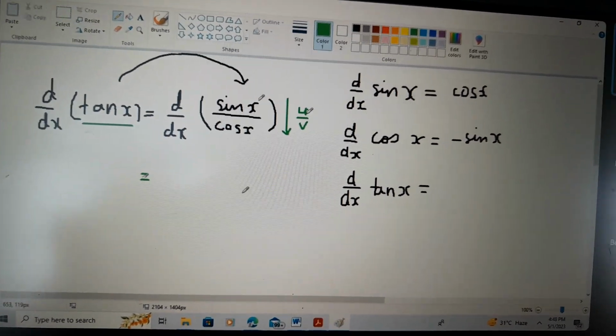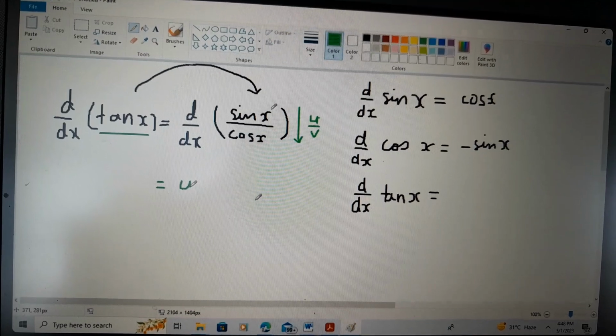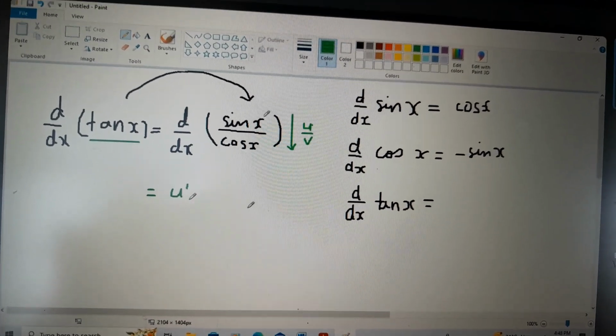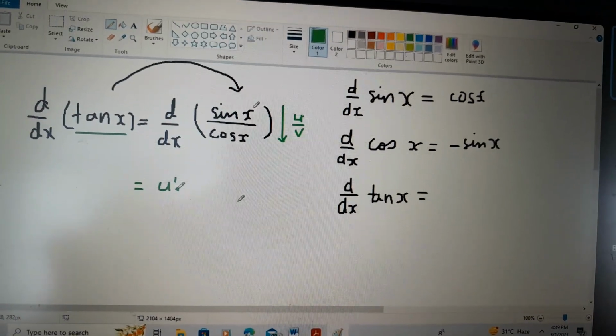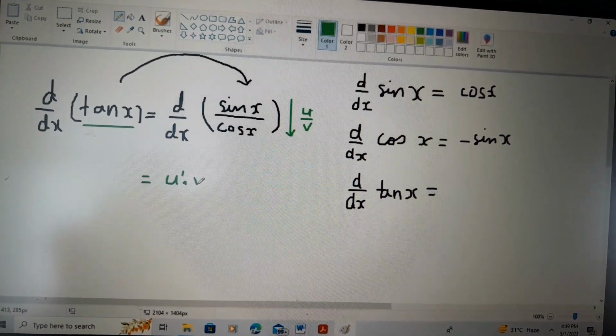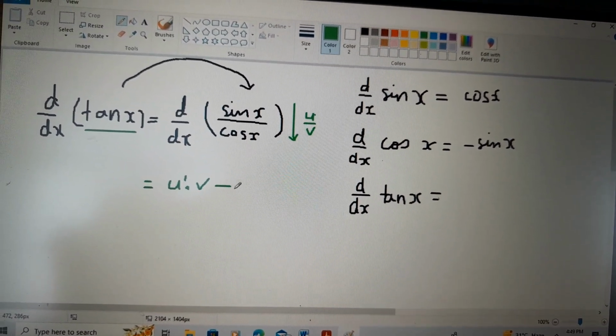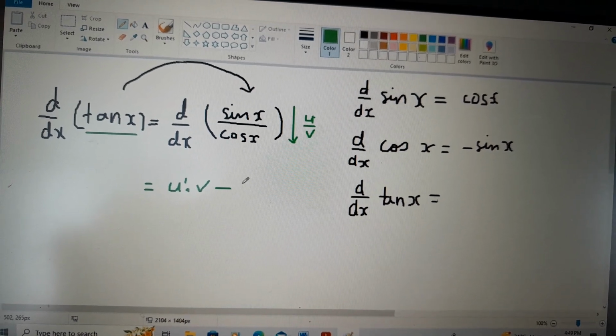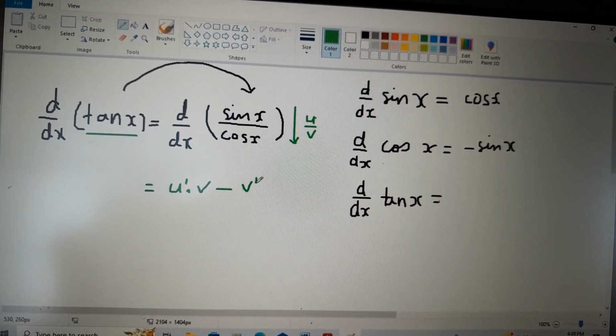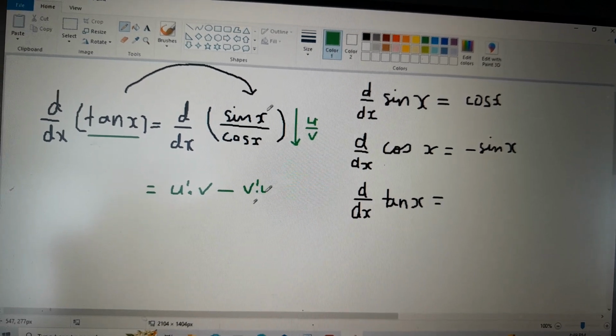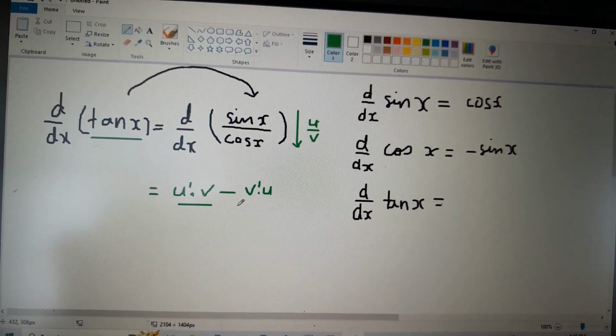If I differentiate the first, it means I'm taking u prime, the derivative of u, and you leave the second. Minus, now I have to differentiate the second and leave the first. All over v squared.